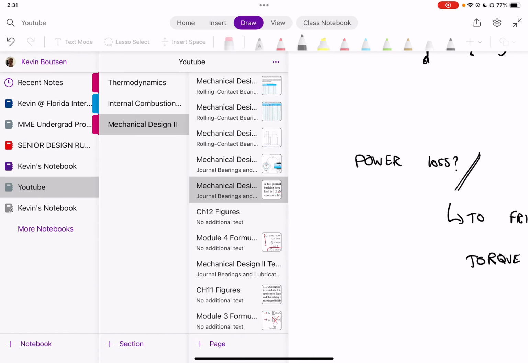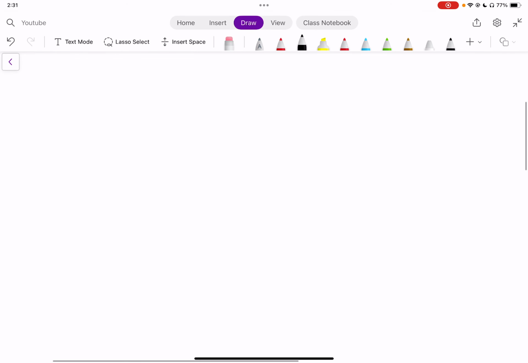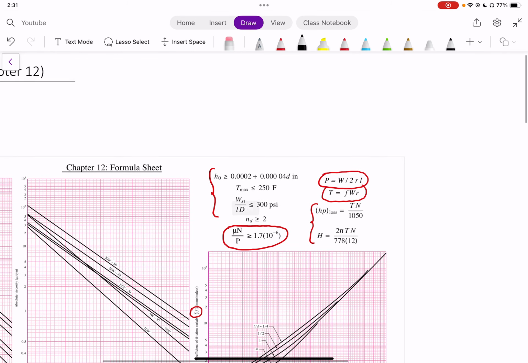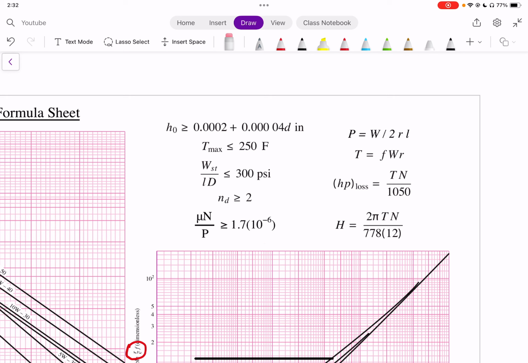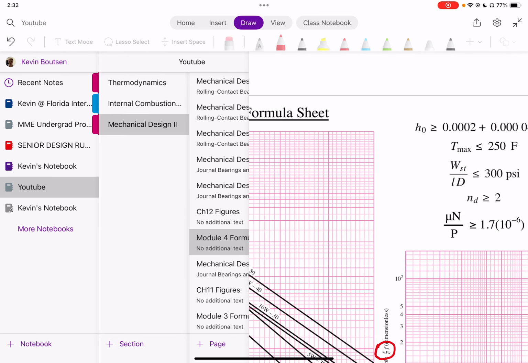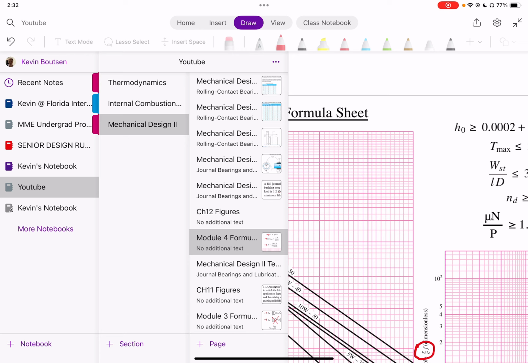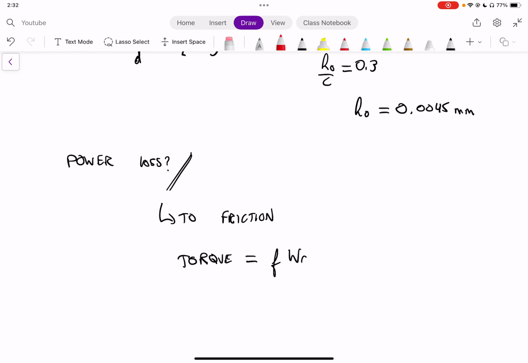If we go back to our formula sheet and go to the top right, we'll see that torque is equal to FWR. We're also given some equations here for HP loss and H, which we'll talk about later, but that's for US units, not SI units, so we don't have to talk about it now. For SI units, it's pretty simple to solve, so we're going to solve it that way.